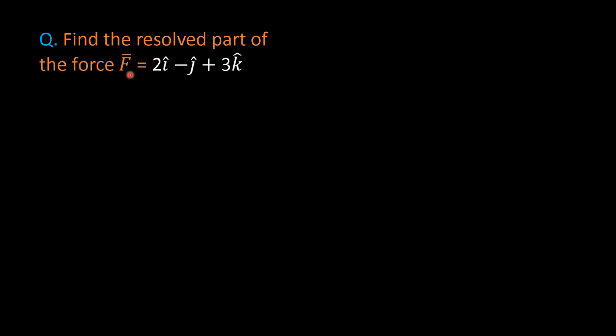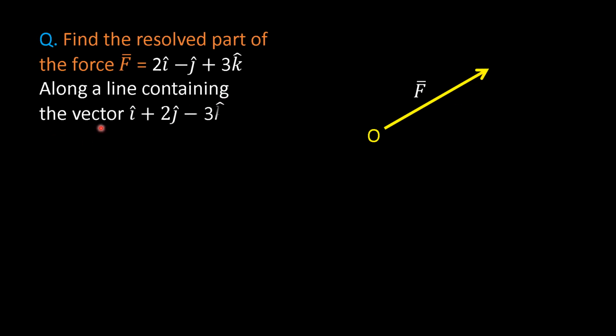We have to find the resolved part of the force F bar equals 2I cap minus J cap plus 3K cap, which is this force, along a line containing the vector I cap plus 2J cap minus 3K cap. We will assume A bar to be I cap plus 2J cap minus 3K cap, which is this vector.